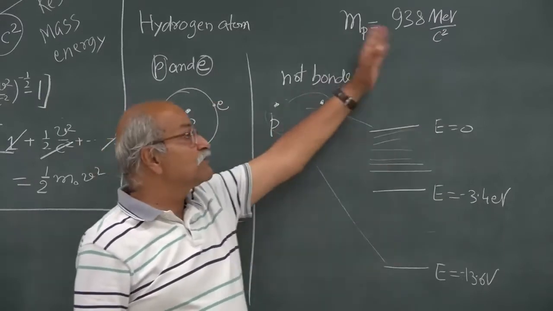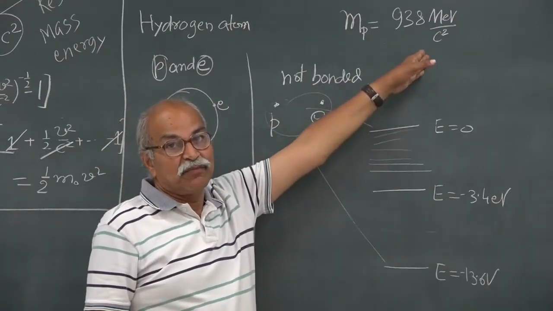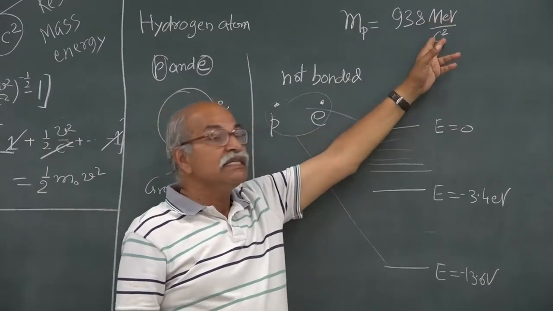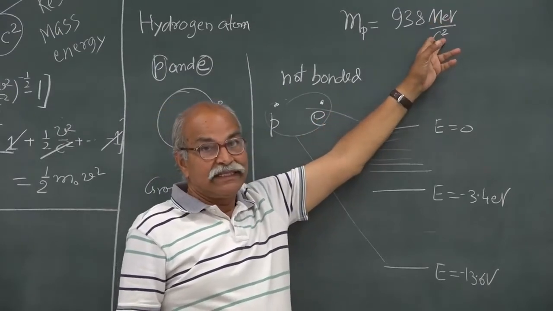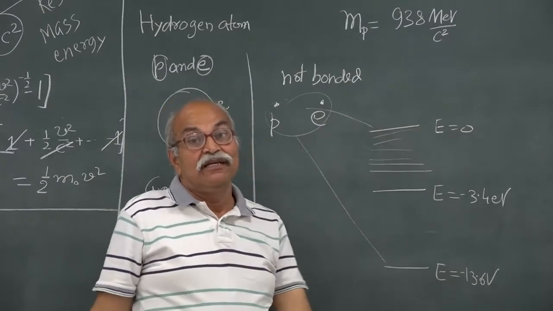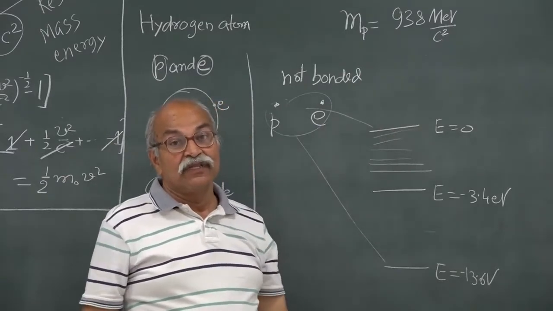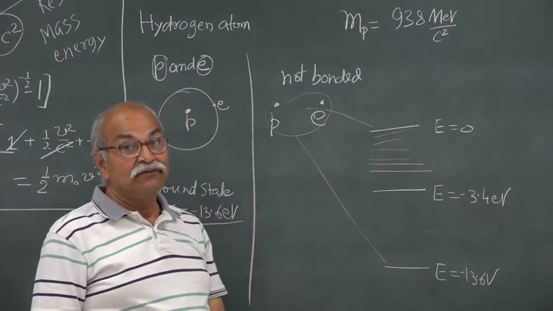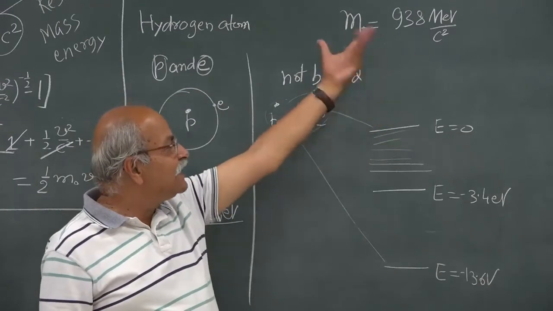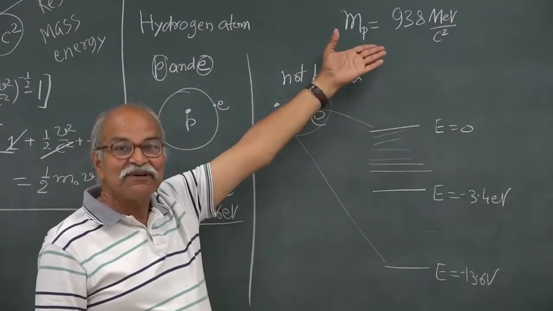I am writing the rest mass of the proton, and mass I am writing in units of MeV by C square. This is a very common unit of mass used by atomic physicists, nuclear physicists, then people working with quantum mechanics.